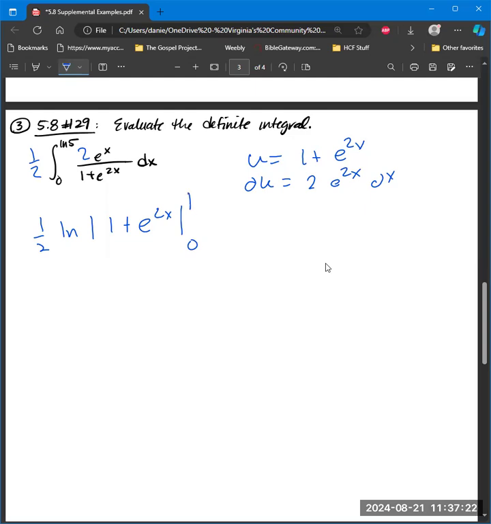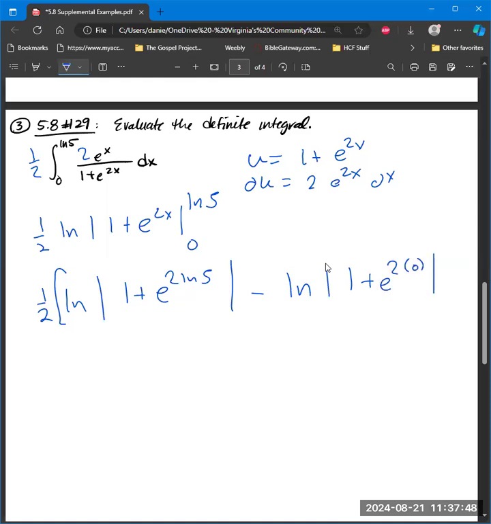No, that's ln of 5. Even nicer. All right, so 1/2 ln of the absolute value of 1 plus e to the 2 ln of 5, minus ln of the absolute value of 1 plus e to the 2 times 0, like that.